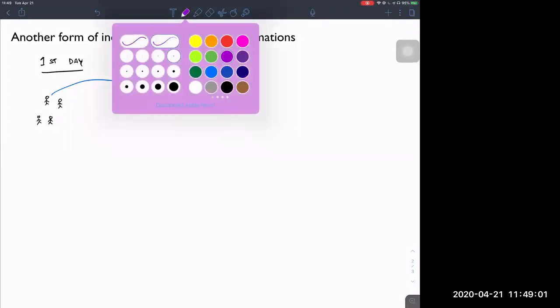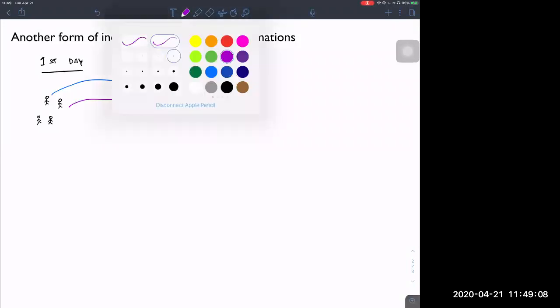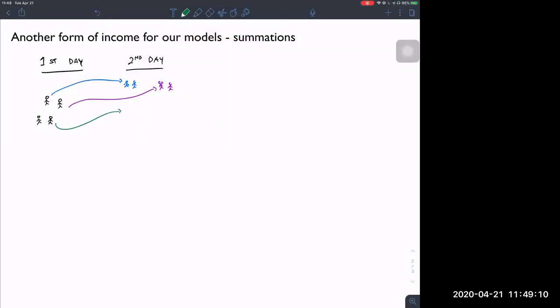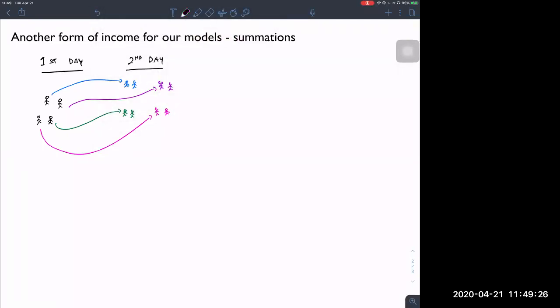And then maybe this person, they go, hey, here's 2 more people. And then this person goes, hey, here's my 2 people that I shared. And last but not least, this person shares another 2 people. So can we see the growth that's happening right there? We had 4 the first day. And then what happened? Then we had 2, 4, 6, 8 the next day.